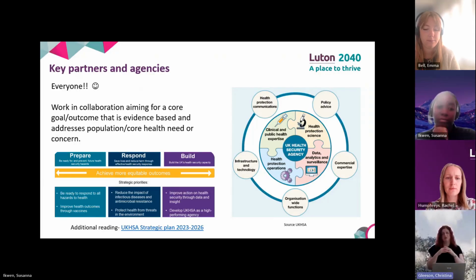They're looking at that both internally within their structure and out into the wider health system, which includes ourselves in public health.